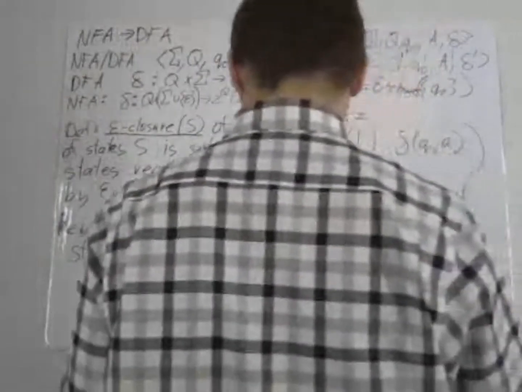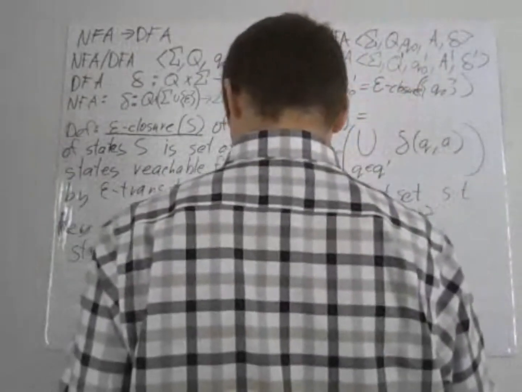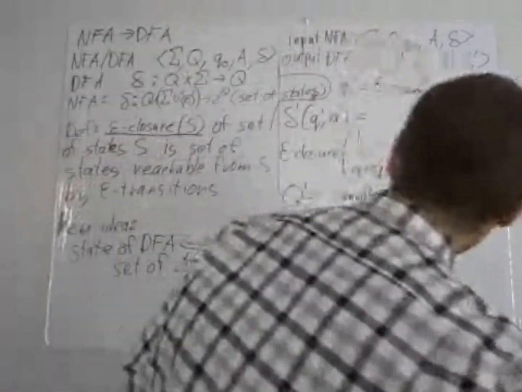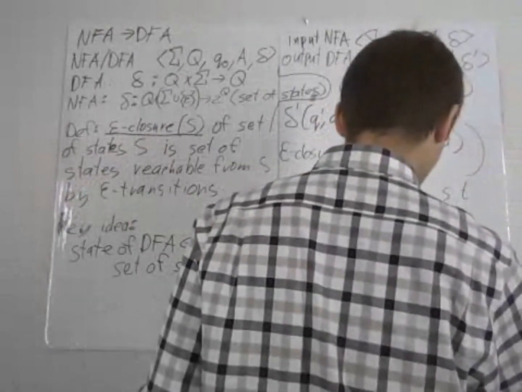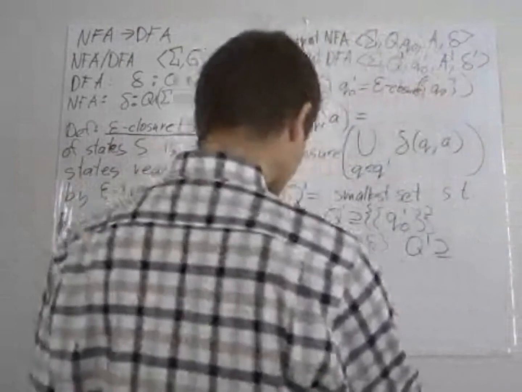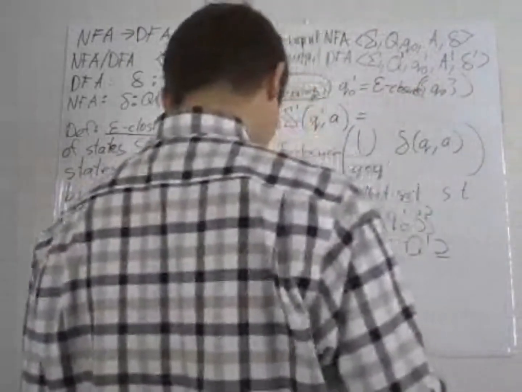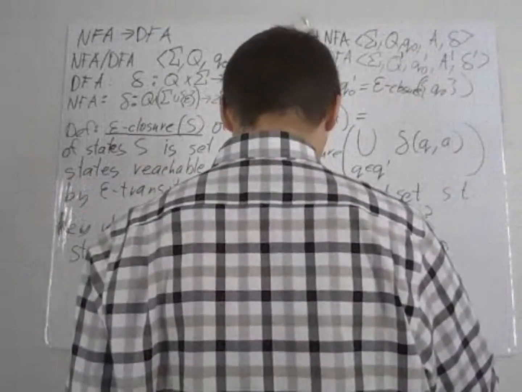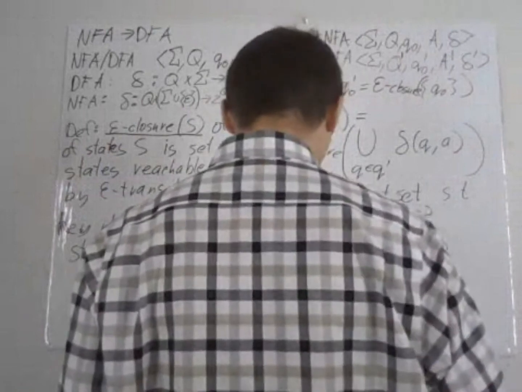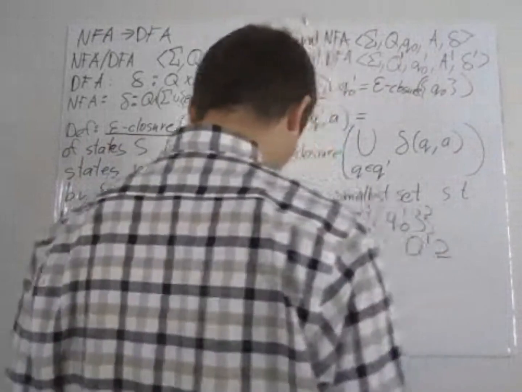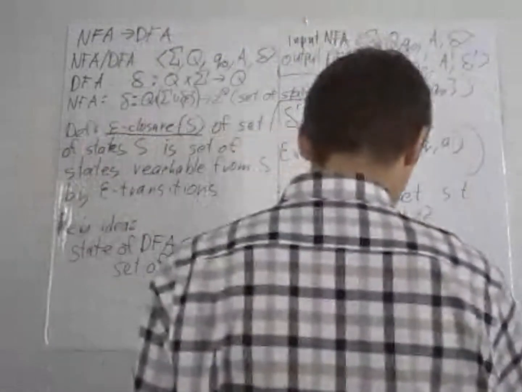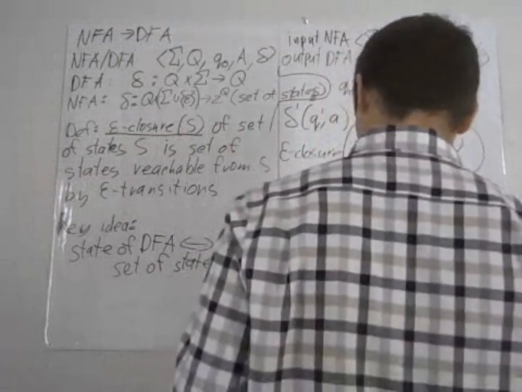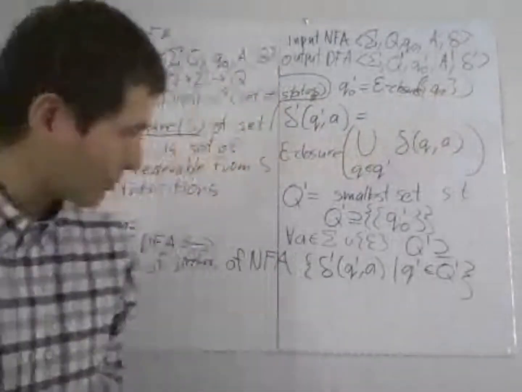So the way I'm going to write this is I want Q prime to be a superset of, if I apply delta prime, so if I apply the DFA transition function to some state Q prime that is already in big Q prime, then I want the resulting set of states to also be in Q prime.